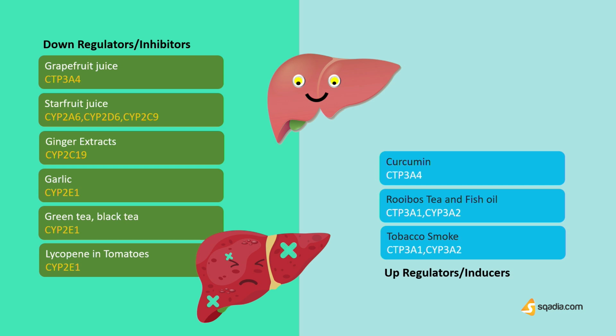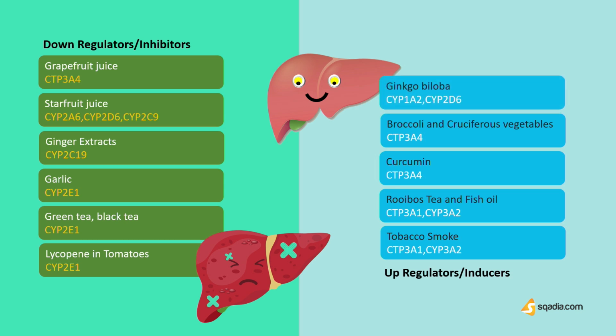Curcumin induces cytochrome 3A4. Broccoli and cruciferous vegetables induce cytochrome 3A4. Ginkgo biloba induces cytochrome 1A2 and cytochrome 2D6.